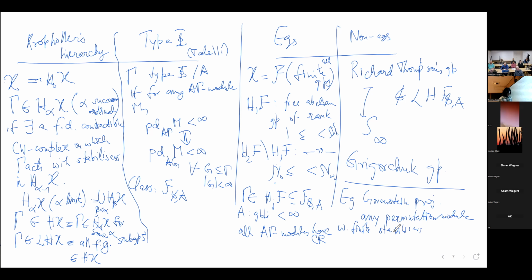If my ambient group is gamma, and I look at this, and G is finite.